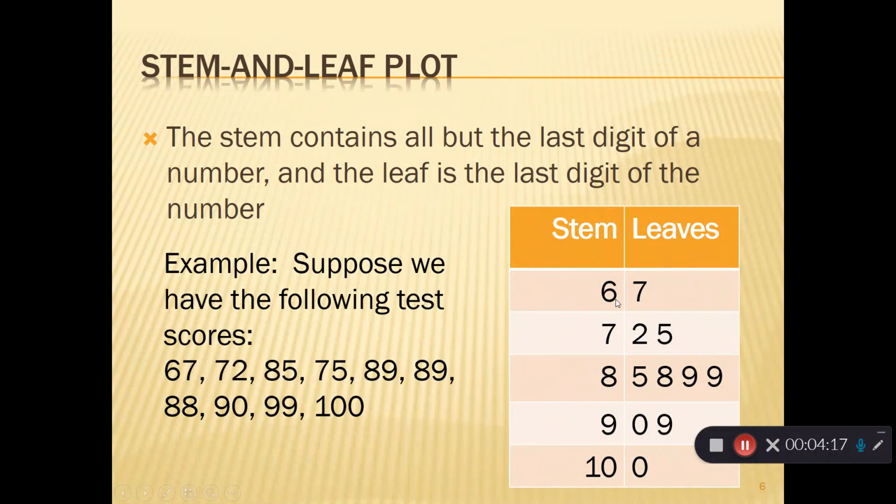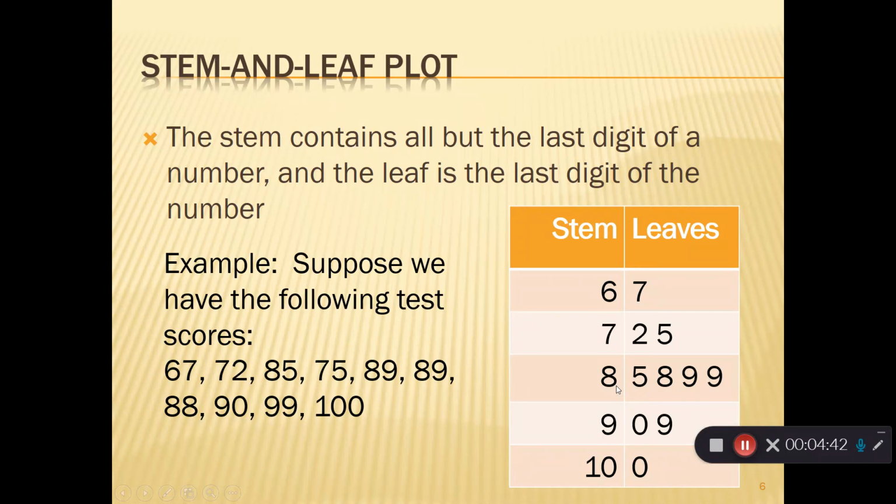So under the stem 6, there's only one leaf, it's a 7. Under the stem 7, we have a leaf at 2 and a leaf at 5. Under the stem of 8, we have a leaf at 5, 8, 9, and 9. Then under the stem of 9, we have a leaf at 0 and at 9. And under the stem of 10, we have a leaf at 0.